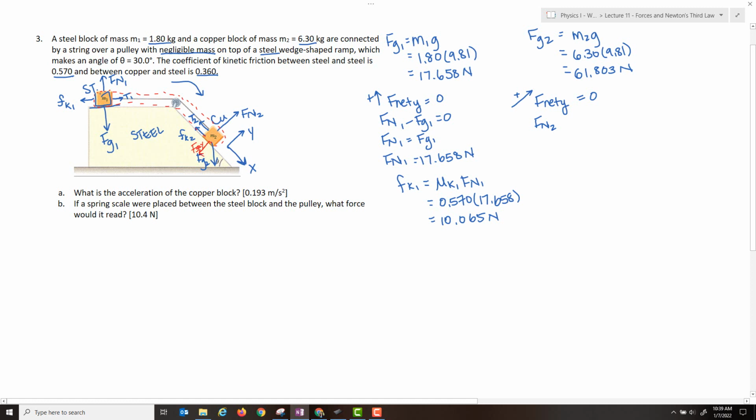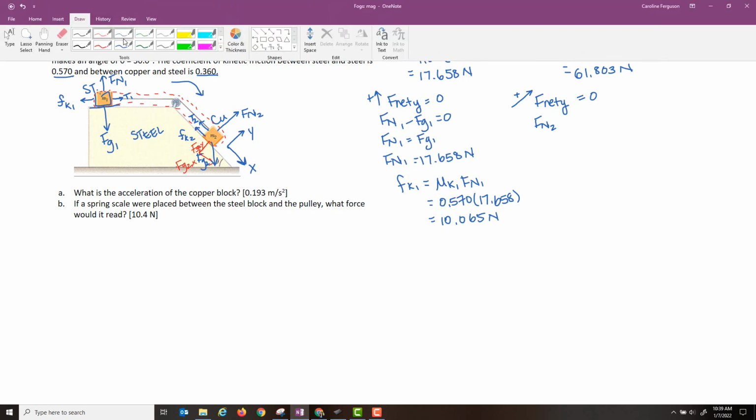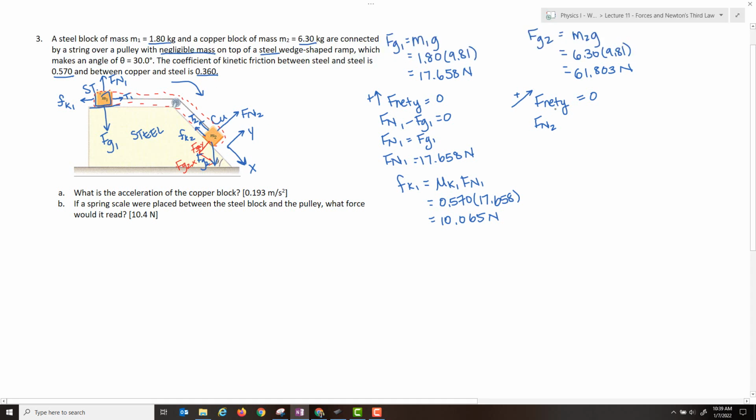And I could also decompose it into Fg2x. So my force of gravity, which is going straight down, can be decomposed into an x and y component. So if I take a look at my F net y, I have a normal force that's going in the positive direction, and I have my Fg2y, the component of the force of gravity in the y direction. But that's going in the negative y direction, so it would be negative here.